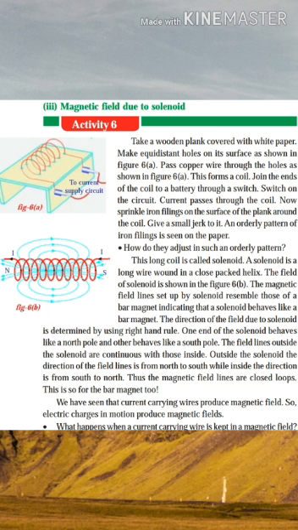Outside, the direction of the field lines is from north to south, while inside the direction is from south to north. Thus the magnetic field lines are closed loops. This is so for the bar magnet too.